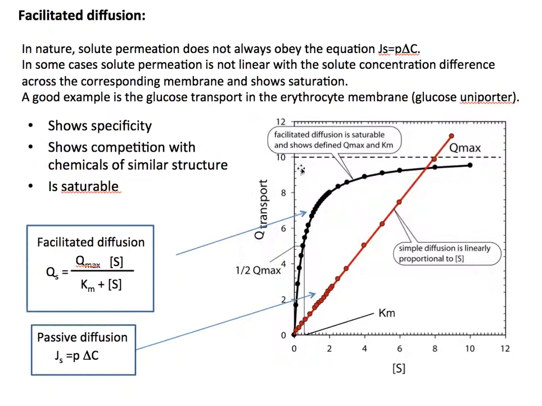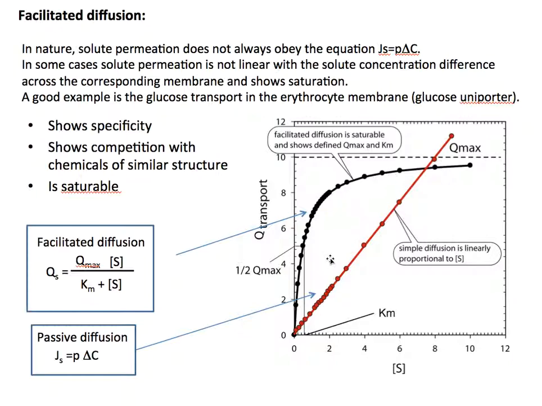That's why Q_S, this Q transport, equals this Q max, and that's this dotted line up here. Again, when S is small, you can ignore this term, so it's Q max times S over Km. When S is huge, you can ignore Km, and it just becomes Q max because the S's cancel out. So it's going to approach Q max.